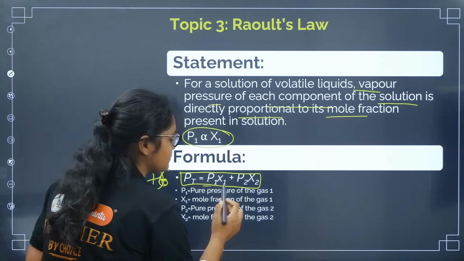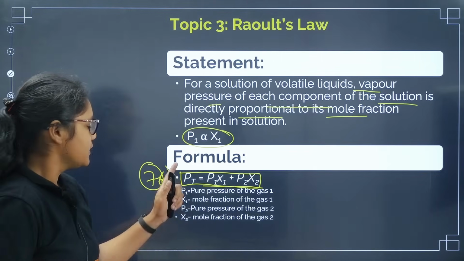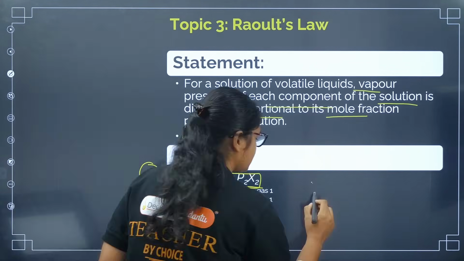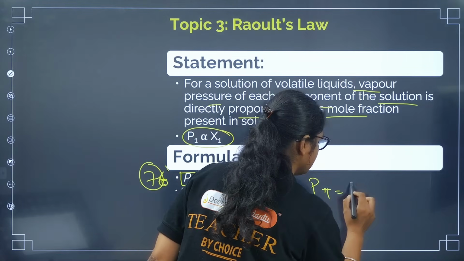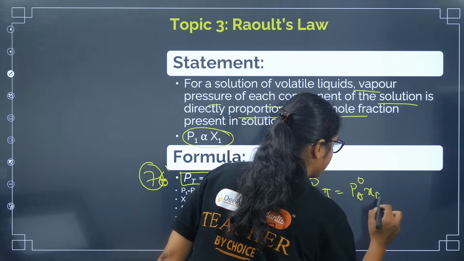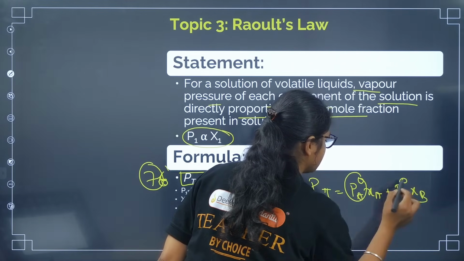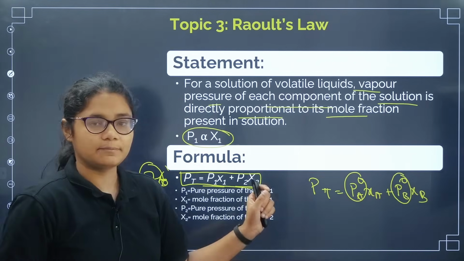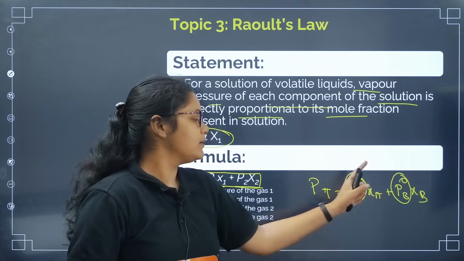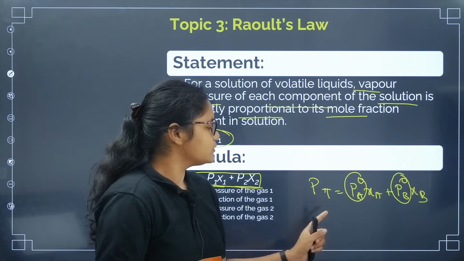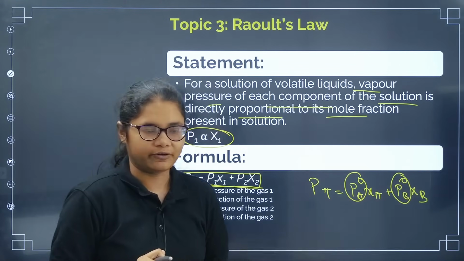P total is equal to PAXA plus P2X2, where P1 is the partial pressure of the first component. P total is equal to P0A XA plus P0B XB. What is P0A? What is P0B? P0A is the pressure of pure component A, P0B is the pressure of pure component B. XA and XB are their mole fractions, right?